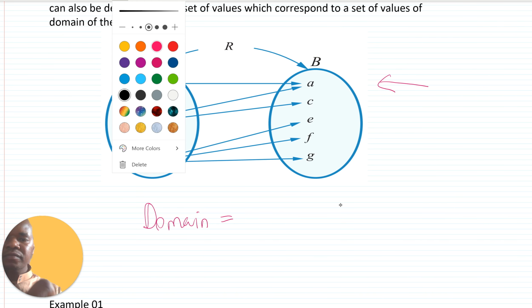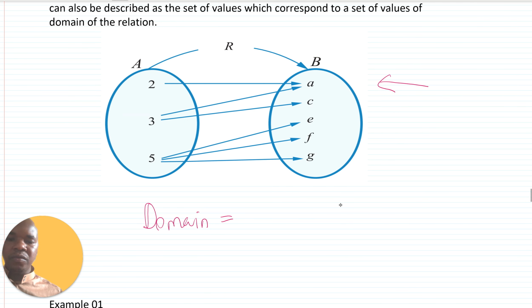a set of numbers 2, 3, 5, dear students. What about range?